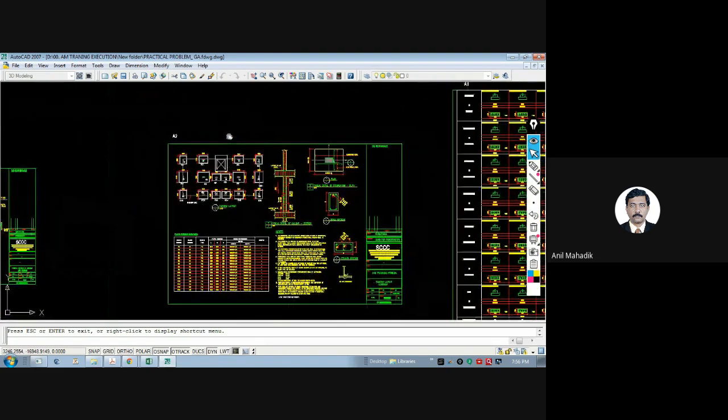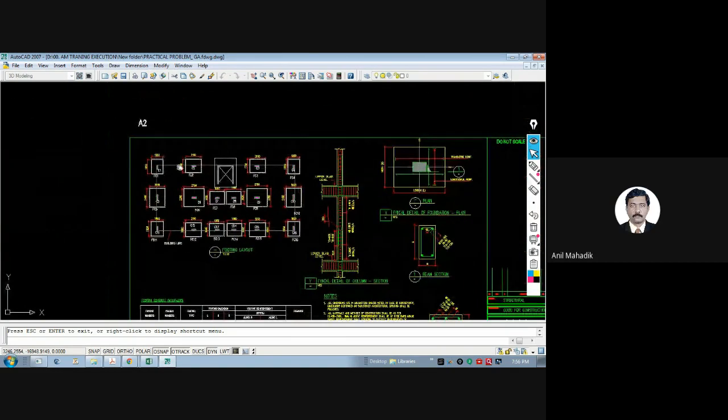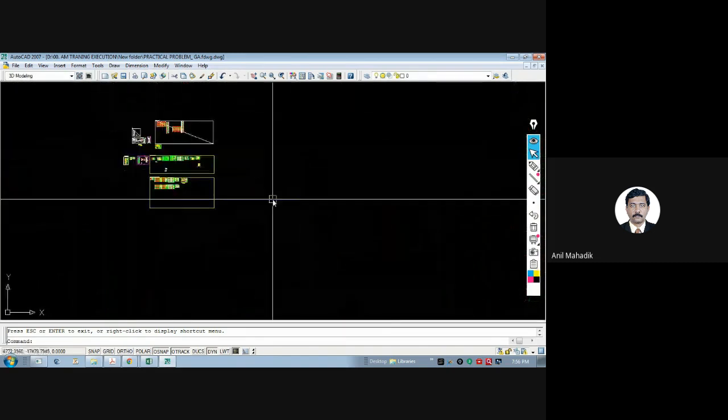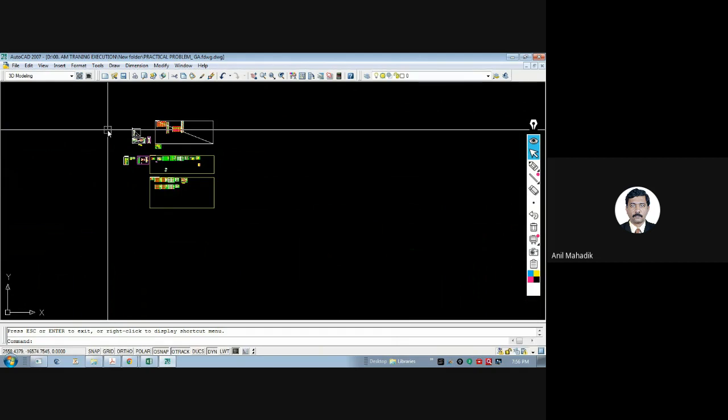Do you know what AutoCAD is? Whenever we draw in AutoCAD, what scale are we getting here? 1:1. Yeah, 1:1. There is a big black screen in AutoCAD. Generally, we call it almost infinite space.